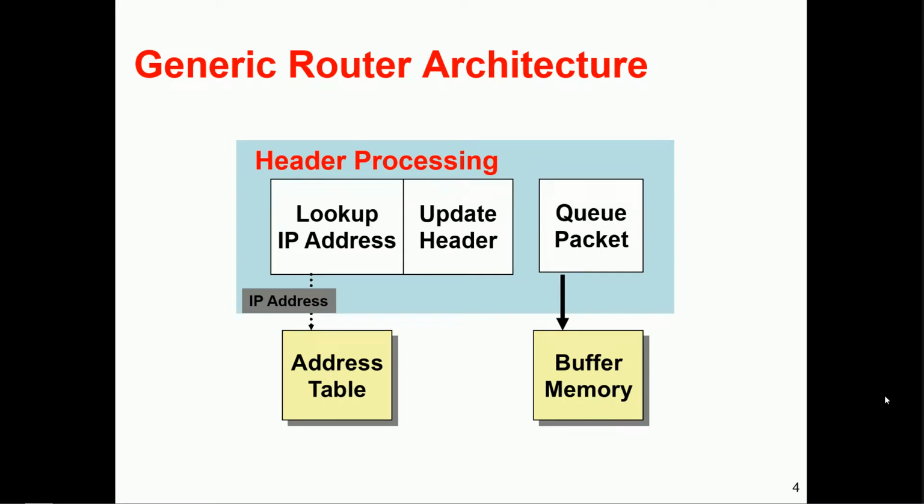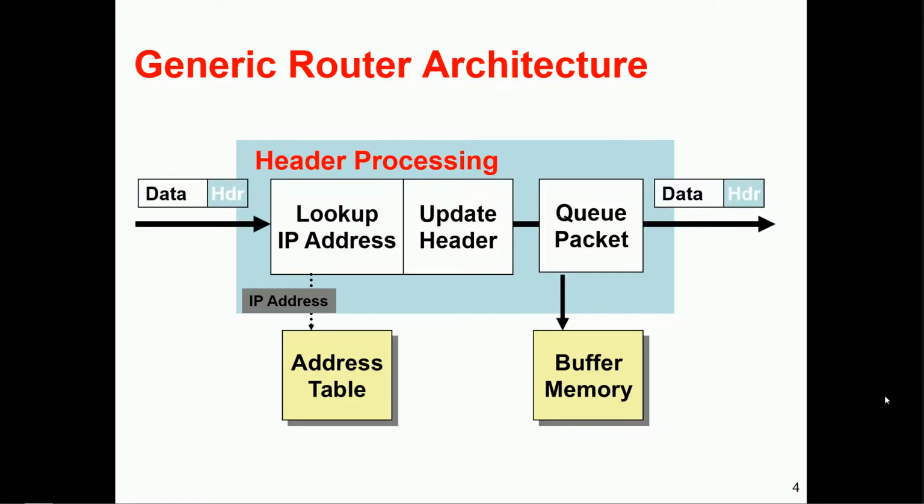So generically, our general architecture is we have some form of lookup, update, and then query. So here our data comes in with the header and has an IP address lookup. That address is looked up through the address table. Normally it's in memory.